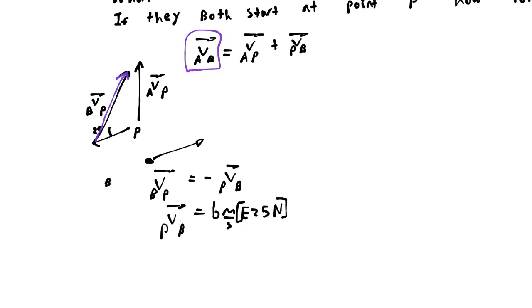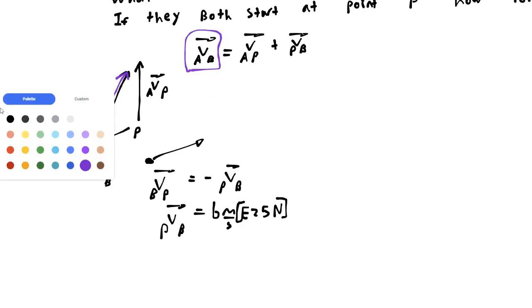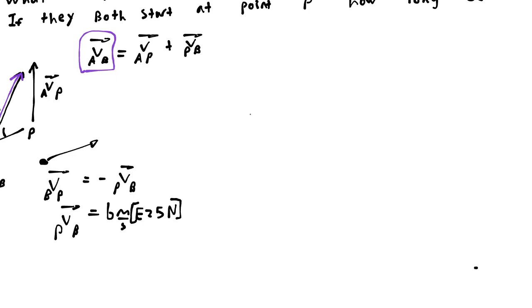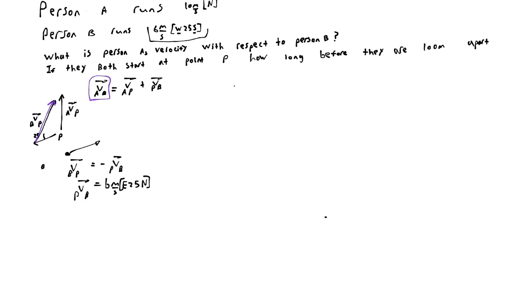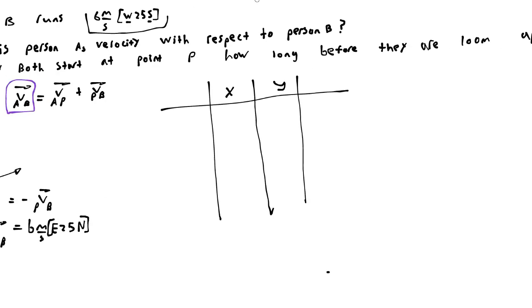So now that we know what velocity of P with respect to B is, we can use our simple math to just figure it out, right? So we'll make the table like we had before. So there's x, and then there's y. Actually, I'll make this a little bit bigger.